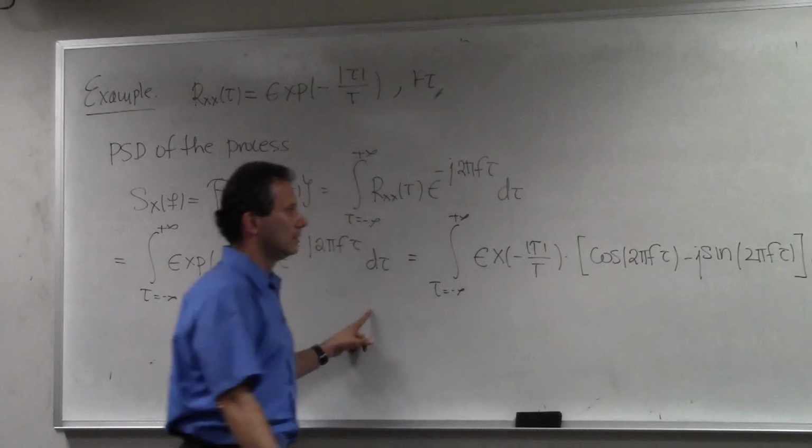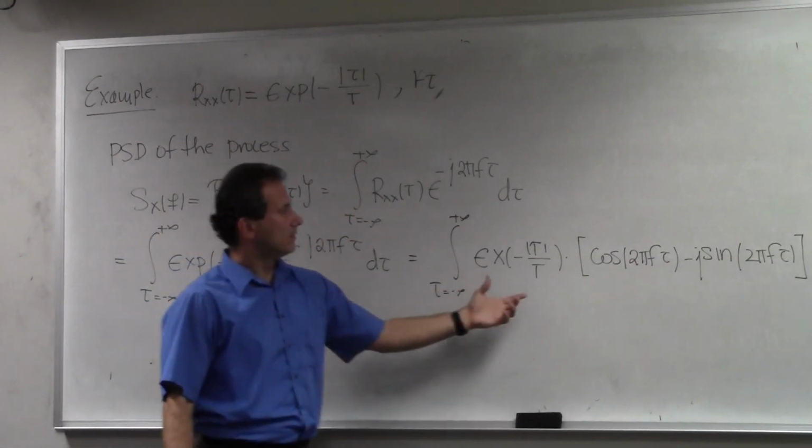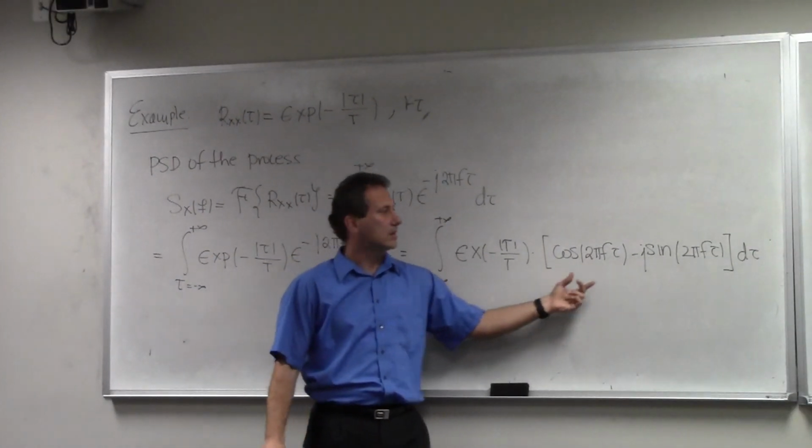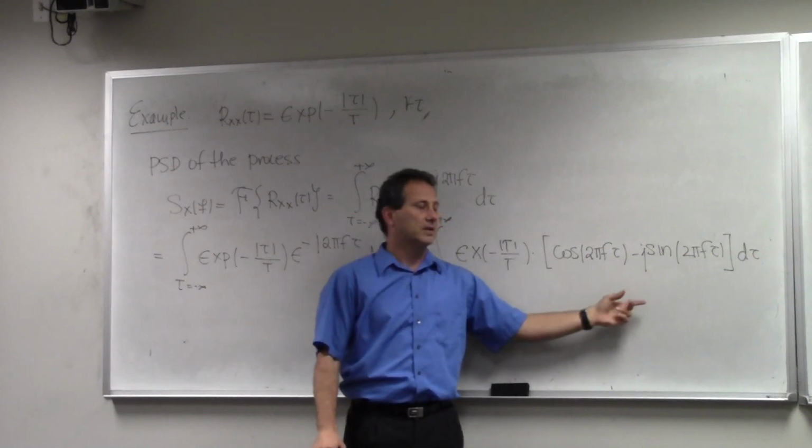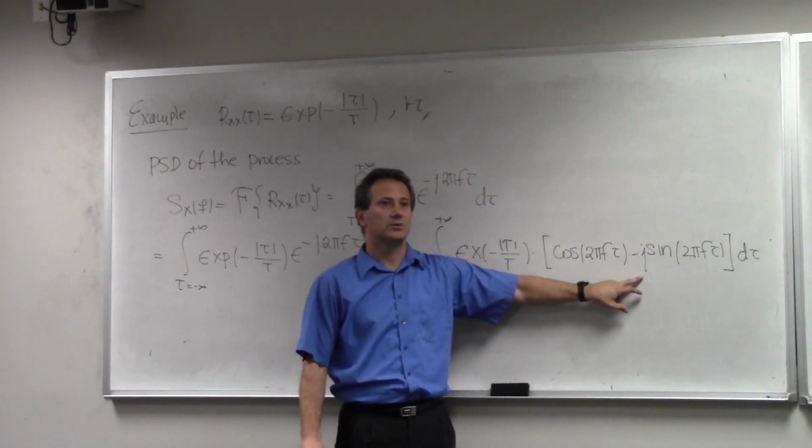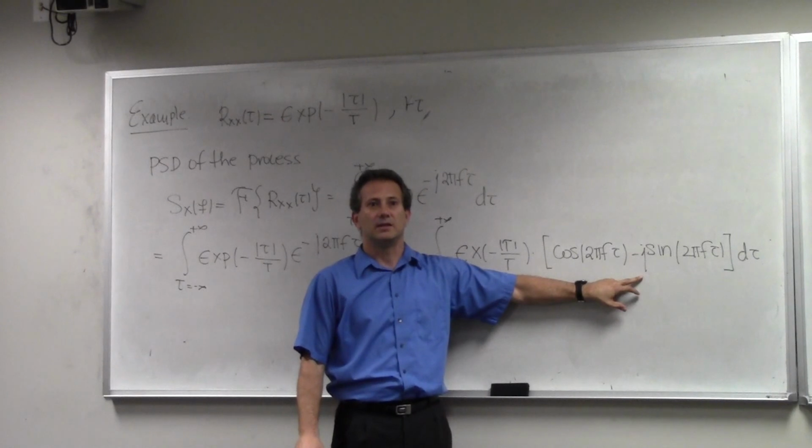Now you can see that the first part survives and the second part goes away, which means everything that multiplies j goes away.